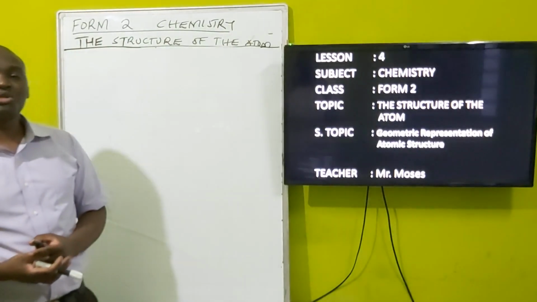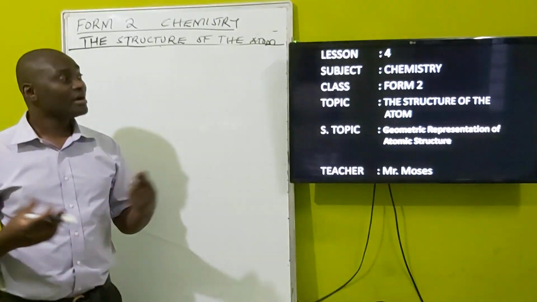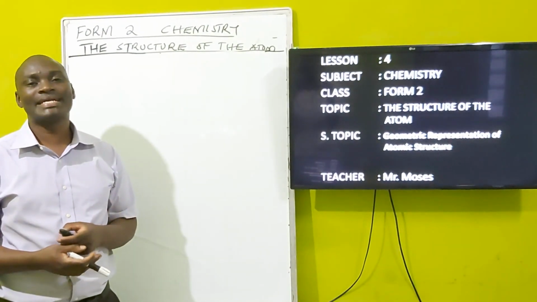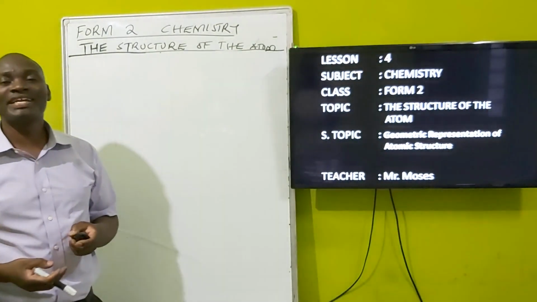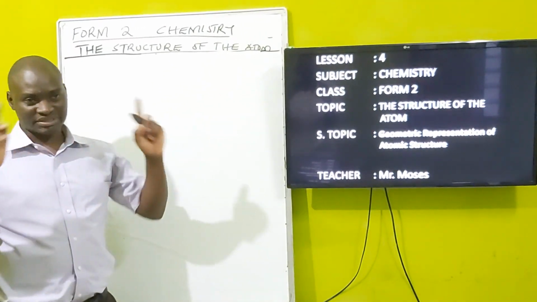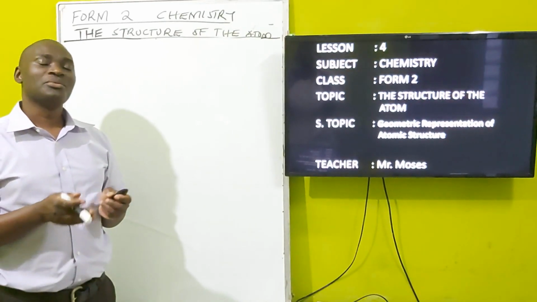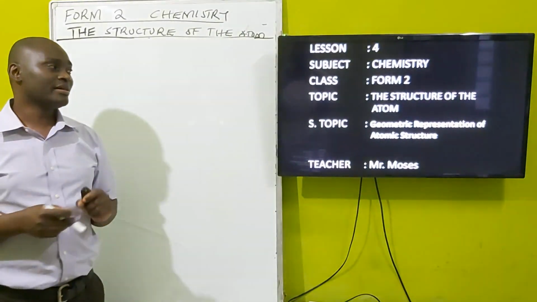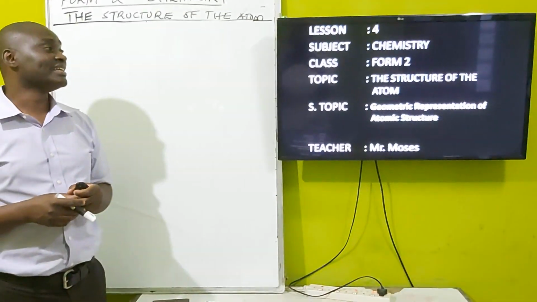Now, in this session, we are going to come up with the structures or diagrams of the atomic structure of different elements. We are going to actually draw those elements. Last time, we were able to write the electron arrangement, how the electrons are arranged within the energy levels.